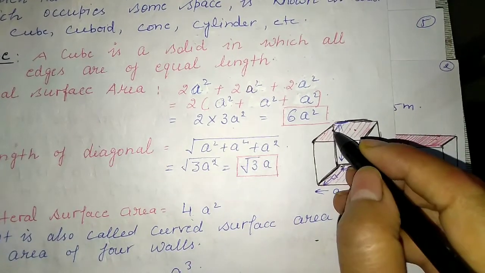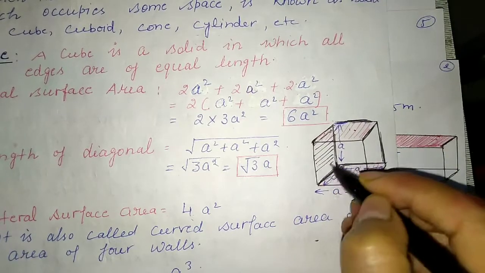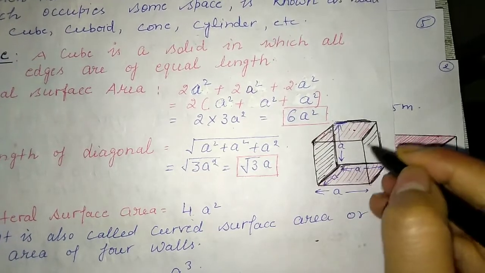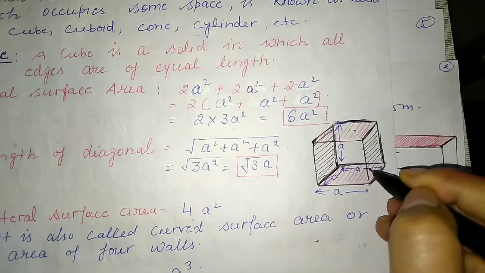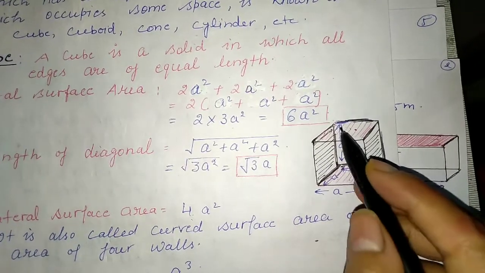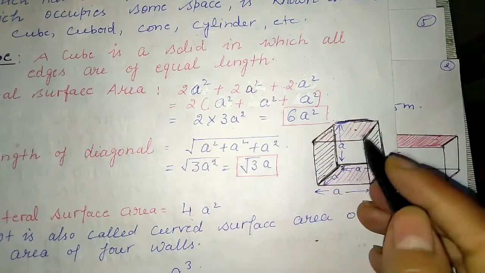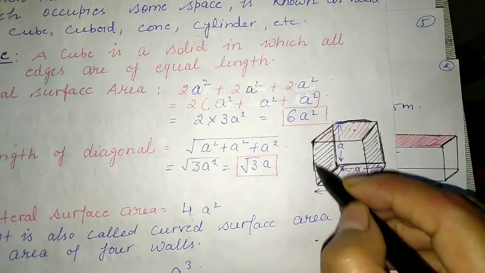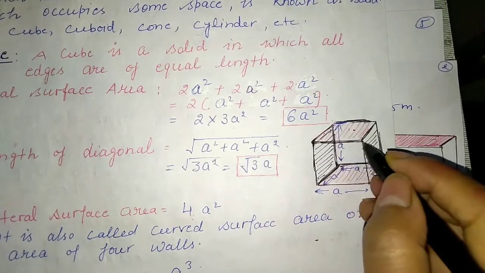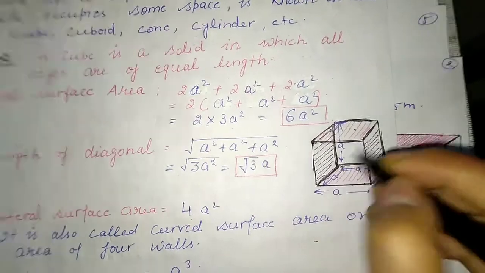This is one wall and this is the opposite wall. And one surface is at the back and one is at the front.